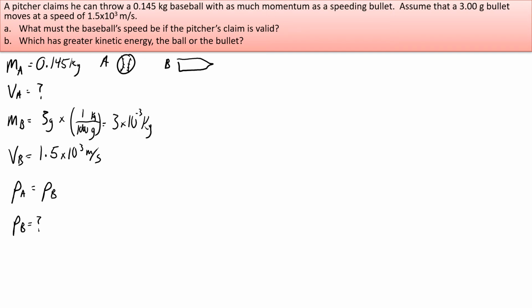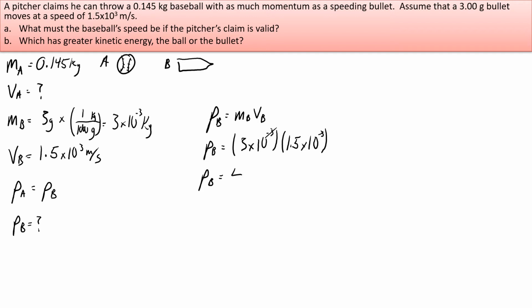So the momentum of the bullet is the mass of the bullet times the velocity of the bullet. So you plug in the values for the bullet, and then you could actually do this in your head if you remember the rules for the exponents. If you add negative 3 plus 3, those go away. So 3 times 1.5 is 4.5.